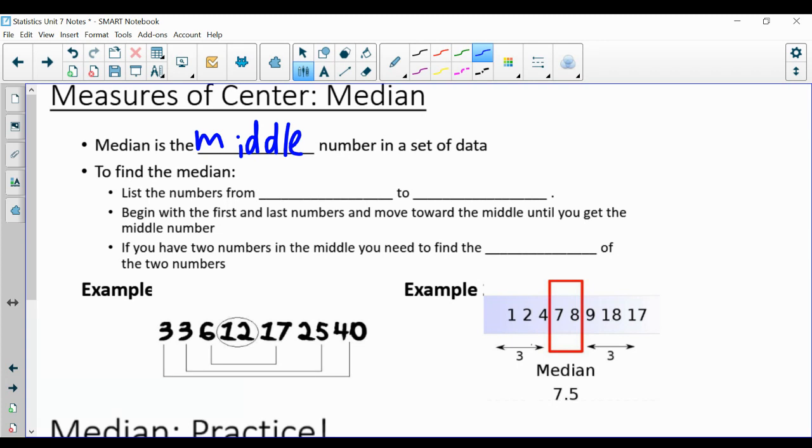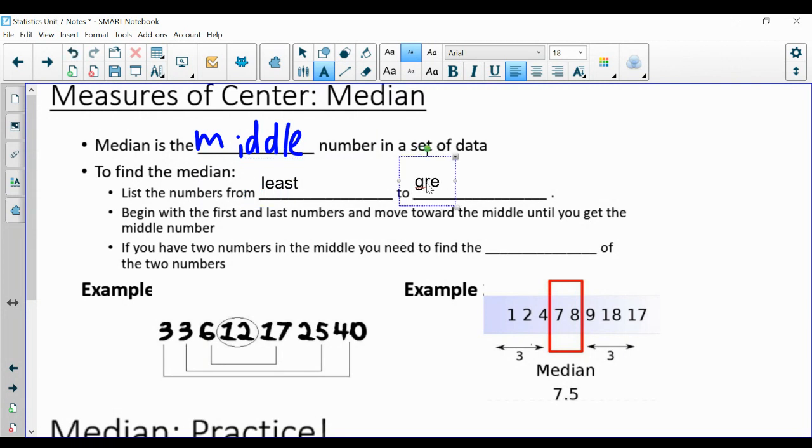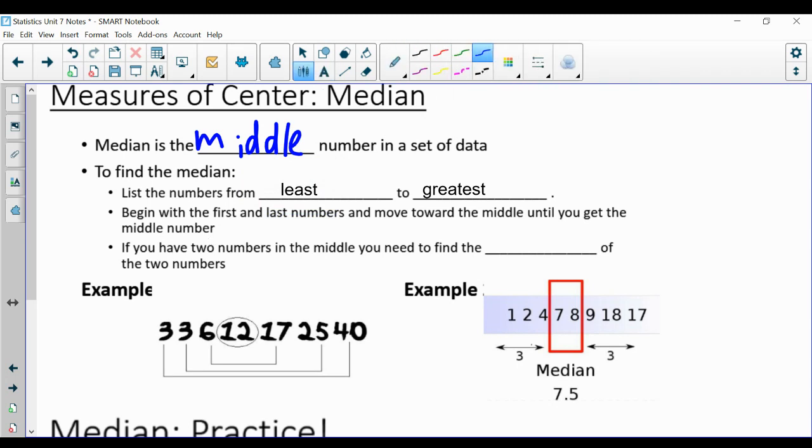So the first thing you want to do is list these numbers in order from least to greatest. Always and forever, this is the first step you have to take. Order these numbers from least to greatest. Once you have your numbers in order, you'll begin with the first and the last numbers and move toward the middle until you get the middle number.